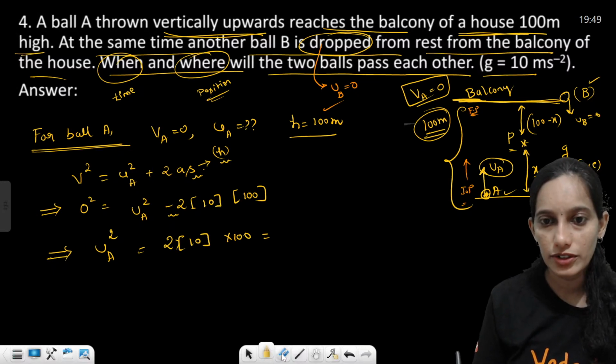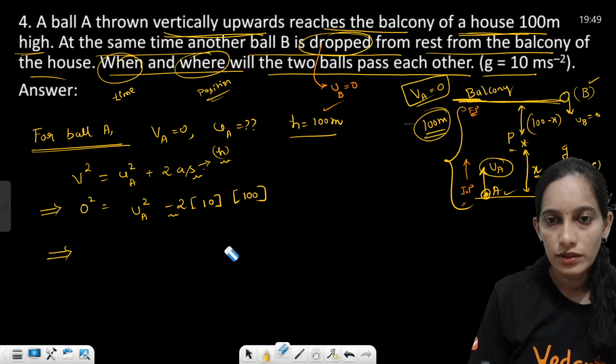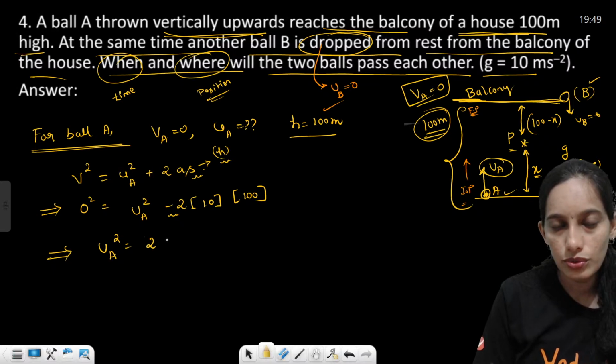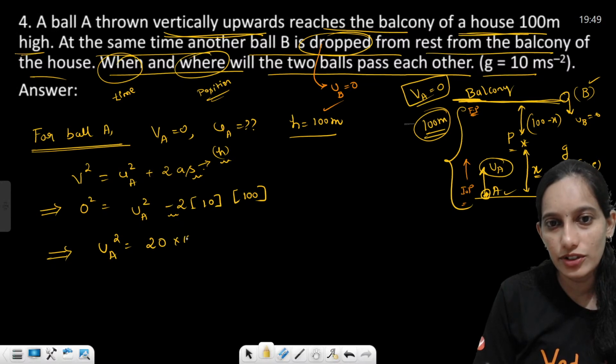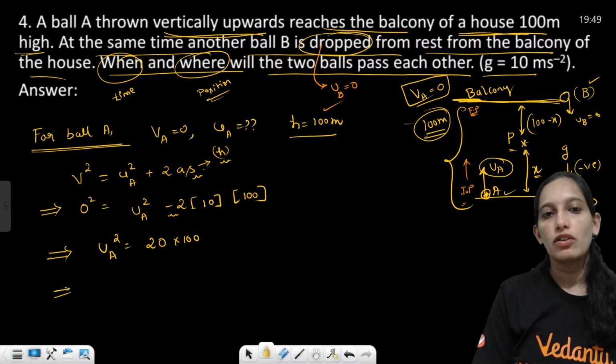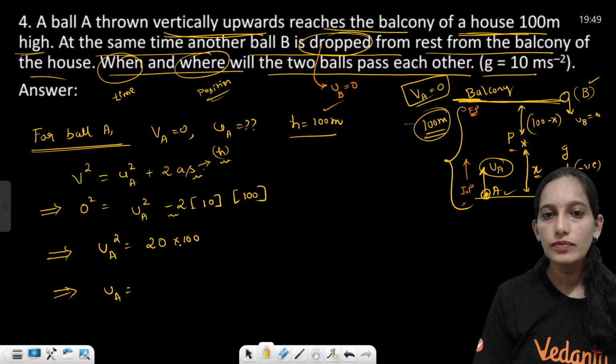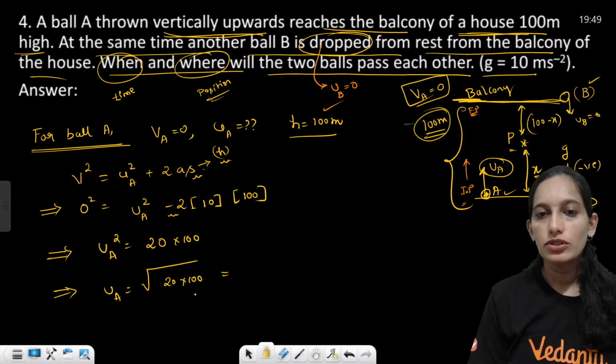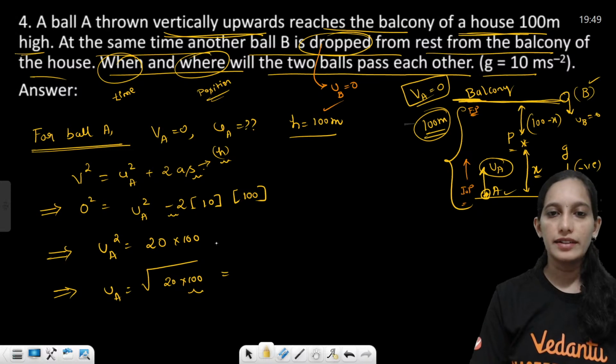So g is 10. Okay, I'll just rewrite the whole thing. So ua squared is equal to 20 into 100, and we want ua. So here it is root of 20 into 100. The square root of 100 is 10, correct?